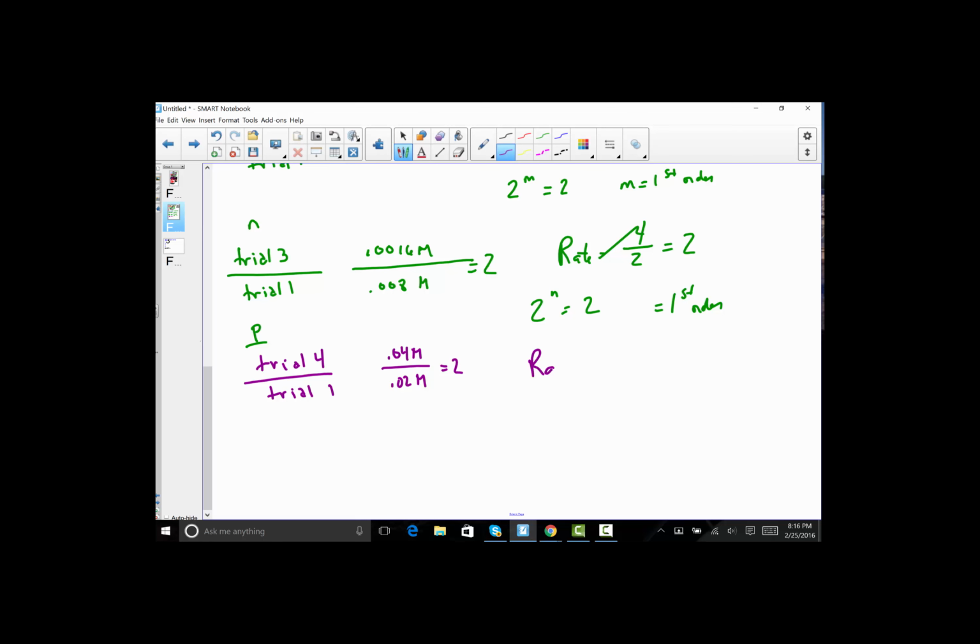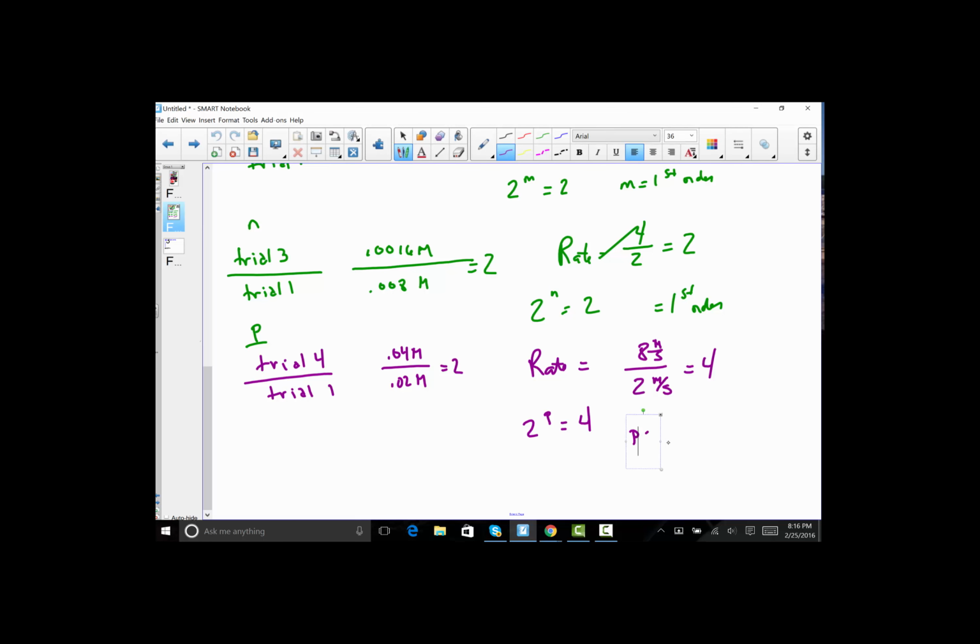In terms of rate, in trial 4, the rate was 8 molarity per second. In trial 1, it was 2 molarity per second. That's a factor of 4. 2 raised to the p power gives me 4.